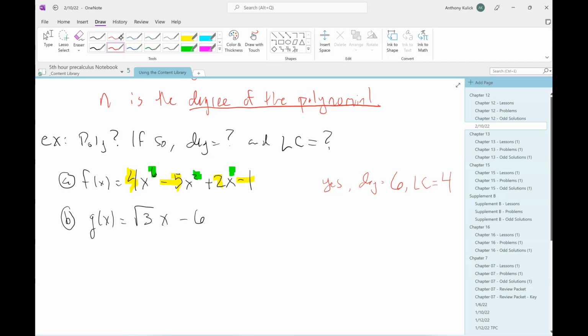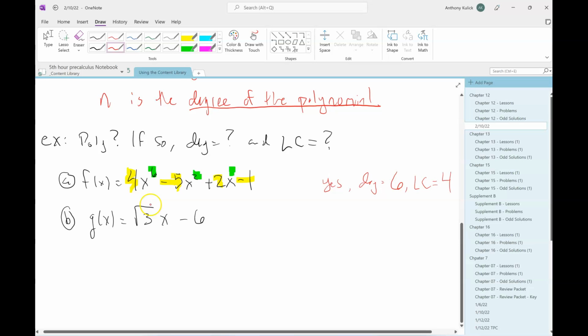So in this case, what's underneath the square root? Just the number 3. Well, is the square root bar going over the x? Just the 3, right? So is square root 3 a real number? Yeah, so that's fine.